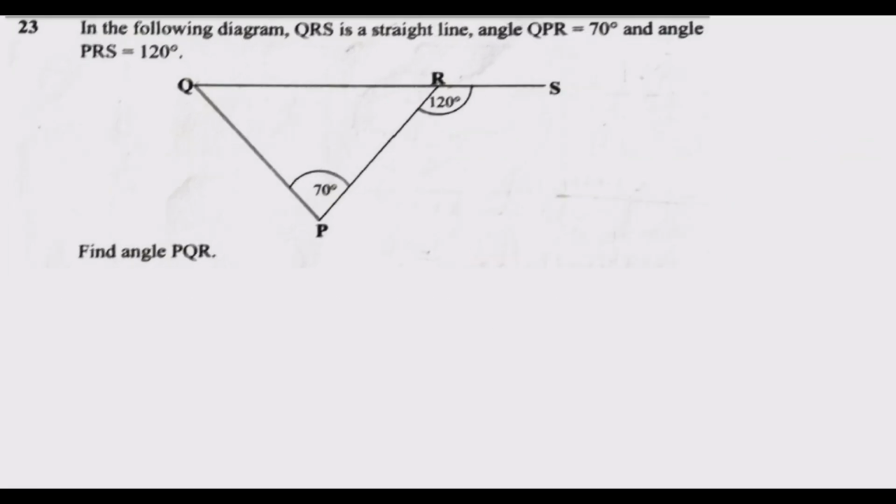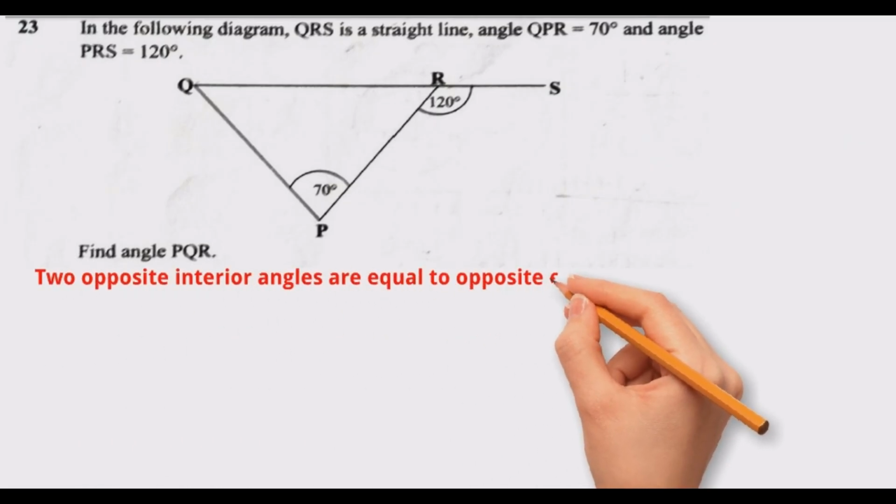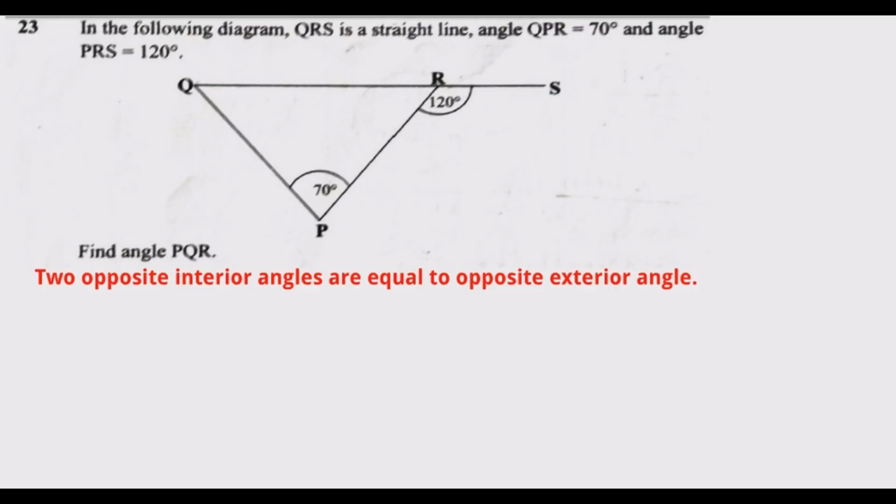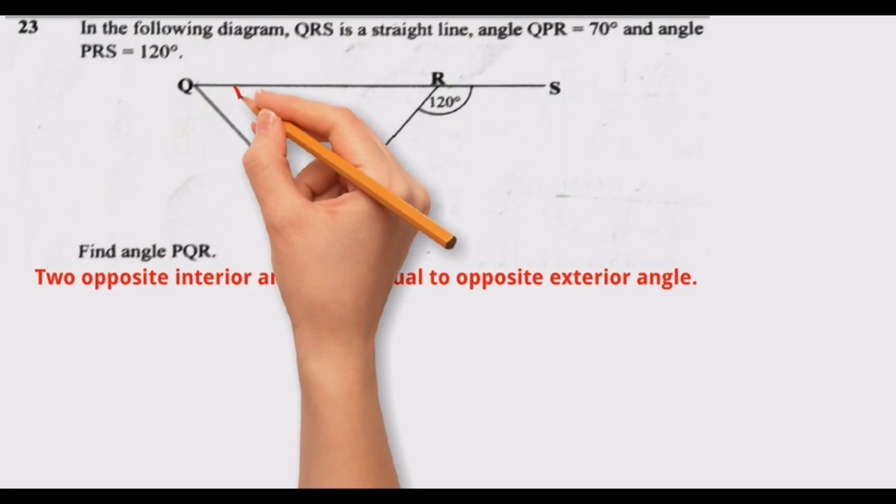Alternatively, we can also use the property that an exterior angle is equal to the sum of the two opposite interior angles. In this case we want to find the value of angle PQR.